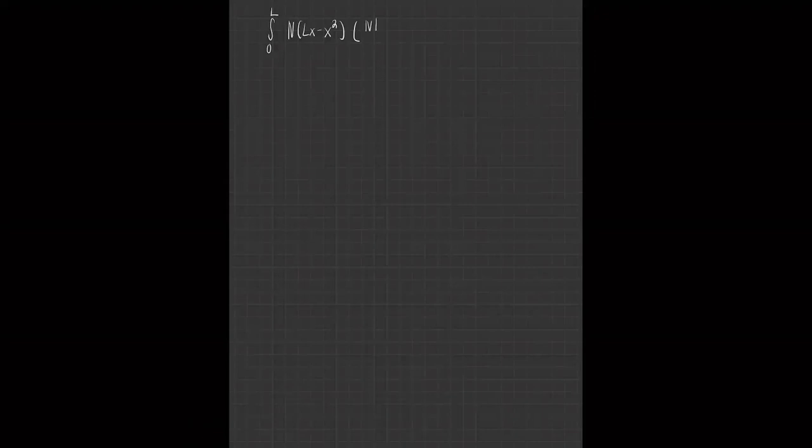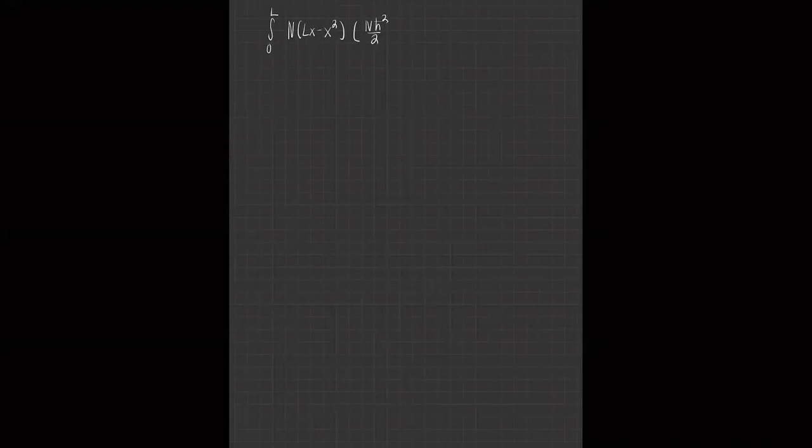This is the Hamiltonian operator result, so it's just going to be n ħ squared over 2. And this will equal n squared times ħ squared over 2, integral from 0 to L of Lx minus x squared.